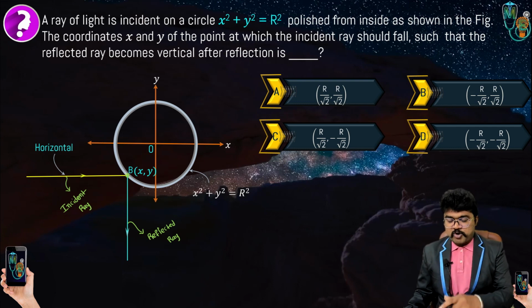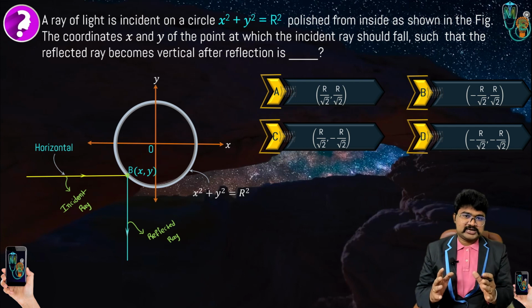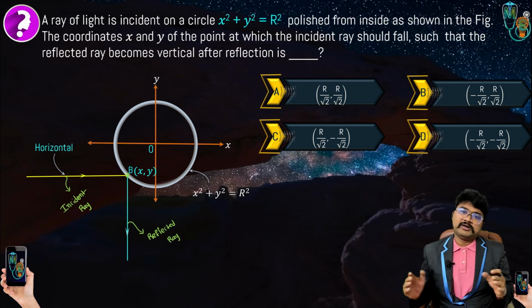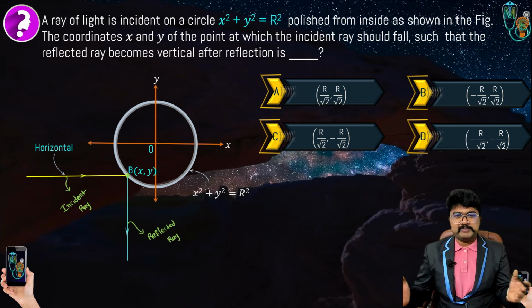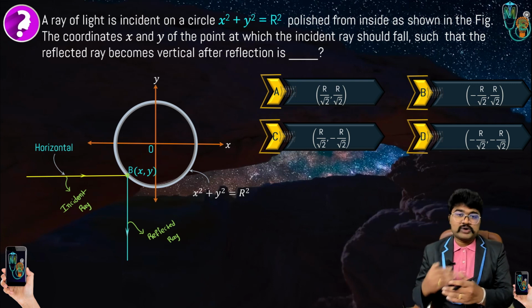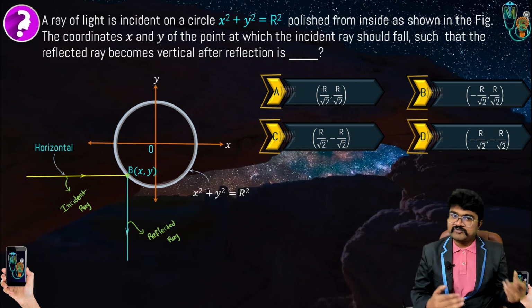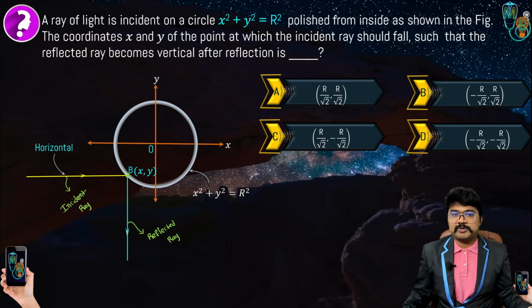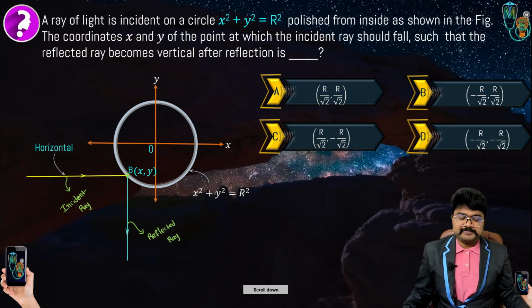Understood? It can be any point on the circle, so depending on the condition, you are in a position to calculate the point B or A, whatever it may be. They will be giving some data related to the angle of incidence and angle of reflection. By that you can easily calculate the coordinates of the point. Try to solve this problem.